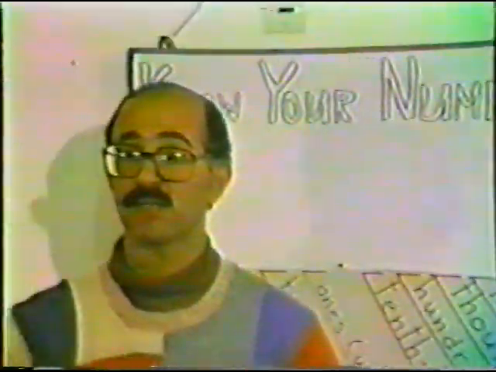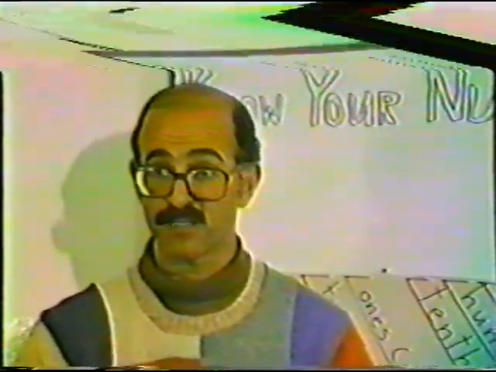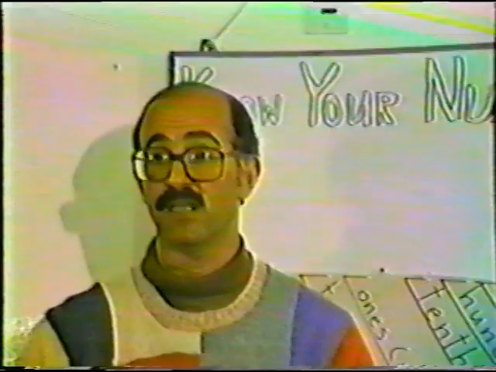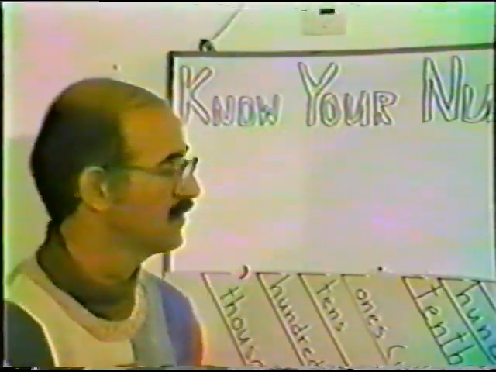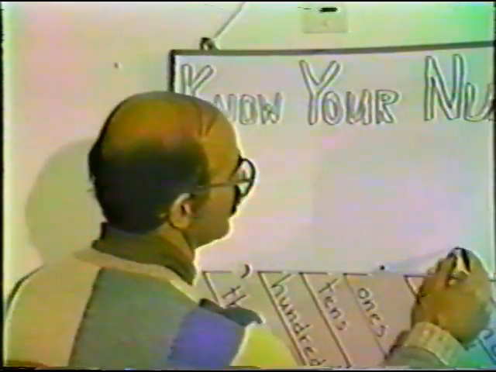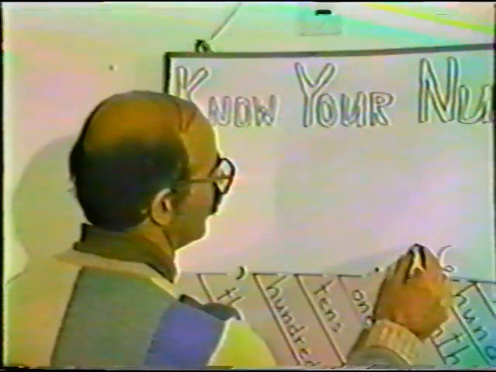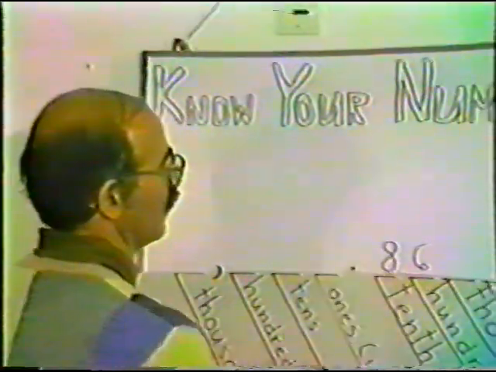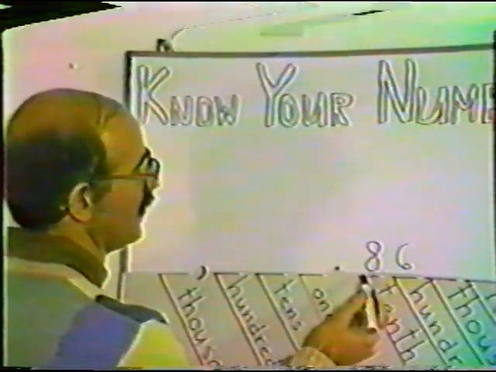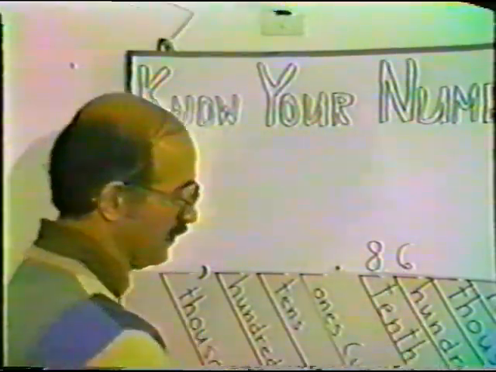We have to write the number 86, and it has to end in the hundredths place. It has to end here, and we'll just put the 8 right in front of it. 86 hundredths.